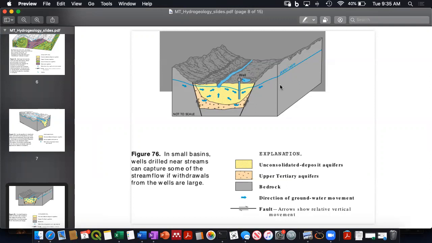So, hint, it's going to be something kind of like this. There's going to be mountain blocks. There's going to be an alluvial aquifer system in the middle of it. I want to know sort of what the mountain blocks are made out of, and what sedimentary sequences might be in the sedimentary valley in the center.